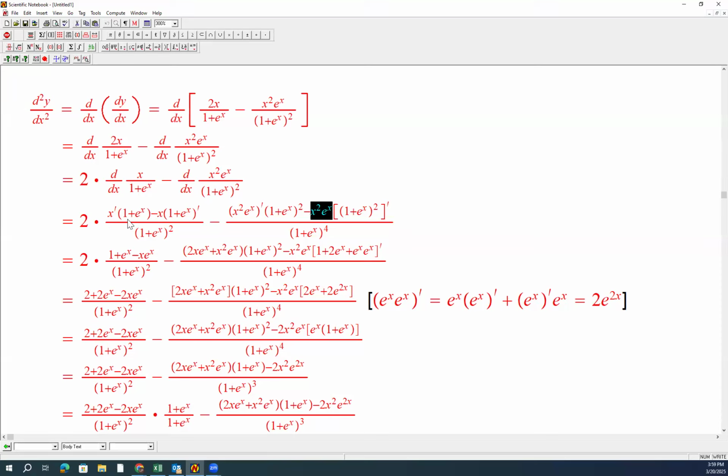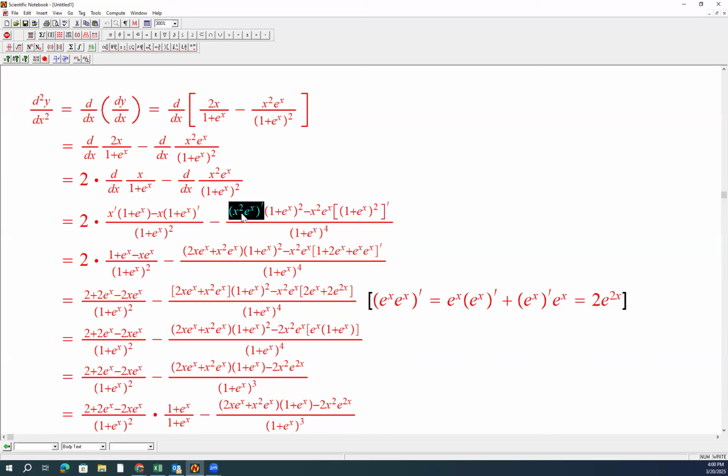On the first part, we got the derivative of x is 1, right? 1 times 1 plus e to the power x, so we get a 1 plus e to the power x. And this latter part, the derivative of 1 plus e to the power x is e to the power x. So we got this piece. And on the next piece, the derivative of x squared times e to the power x is going to be product rule.